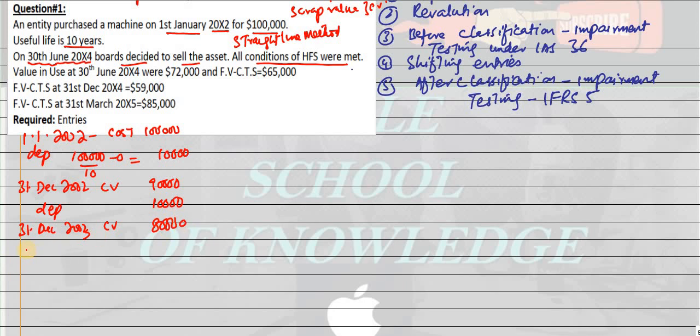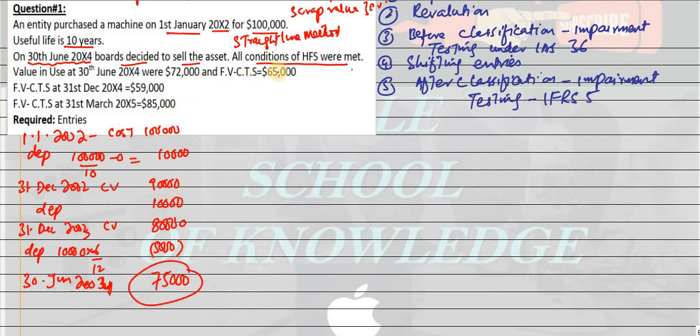Clear? Now for 6 months we will calculate the depreciation, and it will be 10,000 divided by 2, so it will be 5,000. Clear? So it means on 30th June 2004, the carrying value will be 75,000.